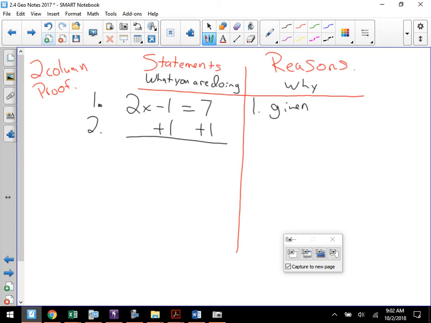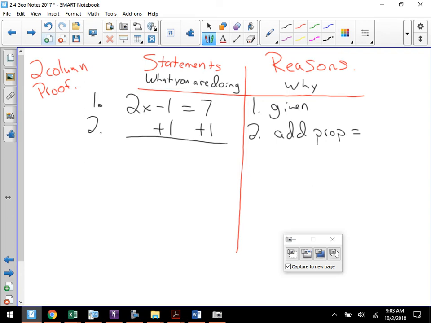So what happens here is I added to both sides of the equal sign. So my reason, add property of equal. I added to both sides of the equation. I kept it balanced. So what I'd like you to do, as we go through some of these reasons here, is whatever I abbreviate, you're legal to abbreviate it just the same.